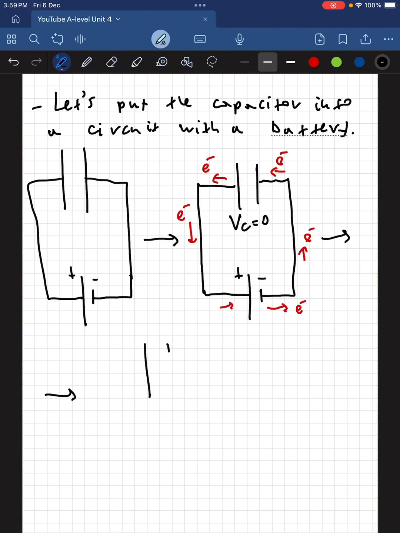But once the potential difference across the plates of the capacitor becomes V, the same as the battery, then all electrons will move to the right-hand side of the capacitor, and because there will be no electrons on the left-hand side, it will be positively charged, okay?